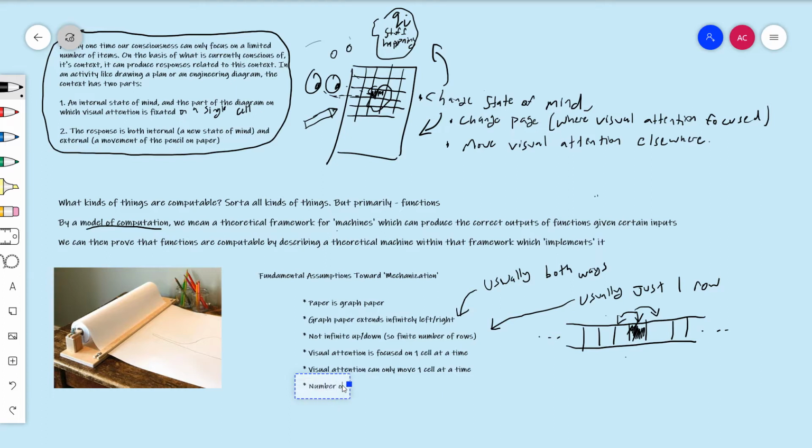So the number of possible states of mind is finite. It's going to vary from Turing machine to Turing machine, but it's finite. It's kind of a resource. And also, one state of mind at a time.